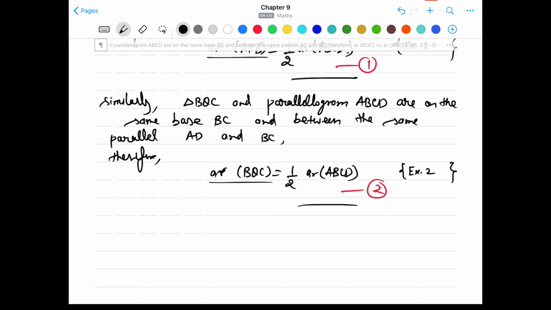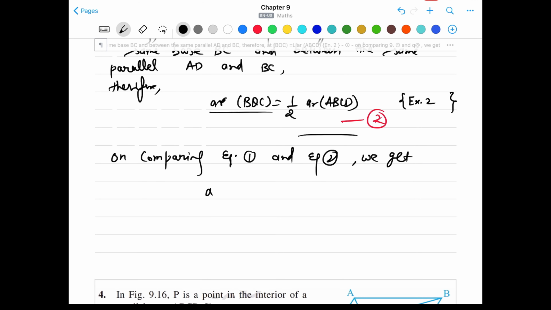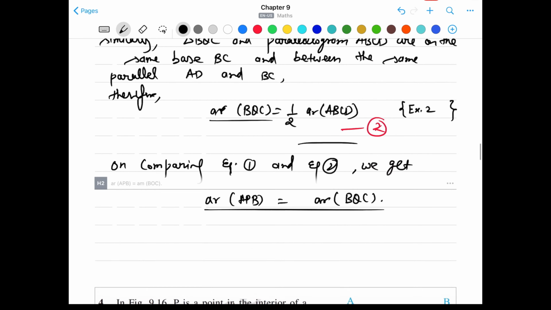So we'll write: on comparing equations 1 and 2, we get the area of triangle APB is equal to the area of triangle BQC, and this is what we have to prove. This is the proof of question number 3 of exercise 9.2.